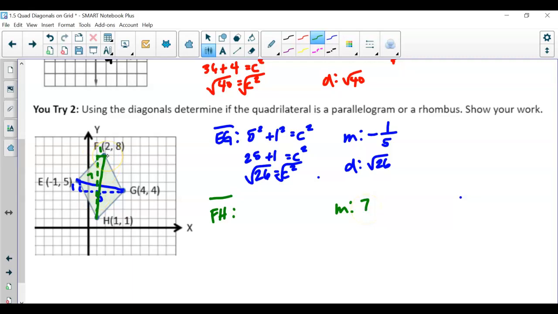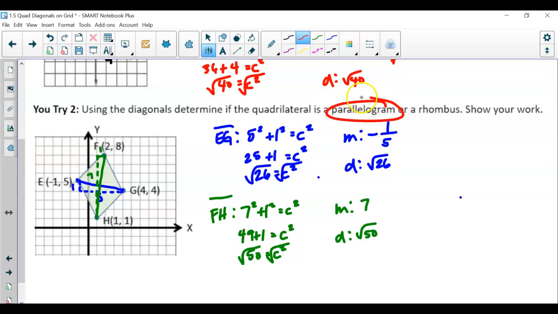Then again, using to find the distance, 7 squared plus 1 squared is equal to c squared, or 49 plus 1, which gives you 50. Then of course, take the square root, and you should have gotten radical 50 as the distance. So again, these diagonals are not congruent and the slopes are not that special characteristic. So again, you have another parallelogram.